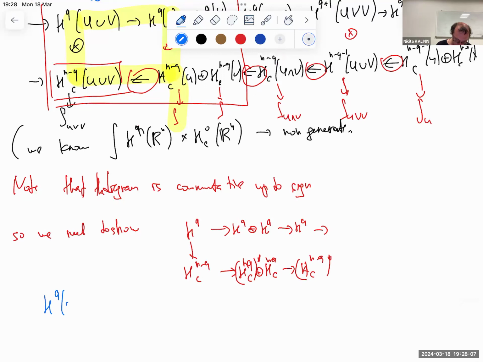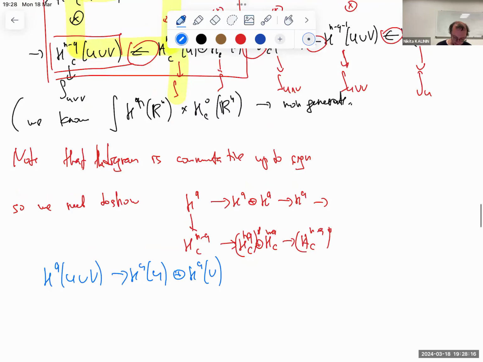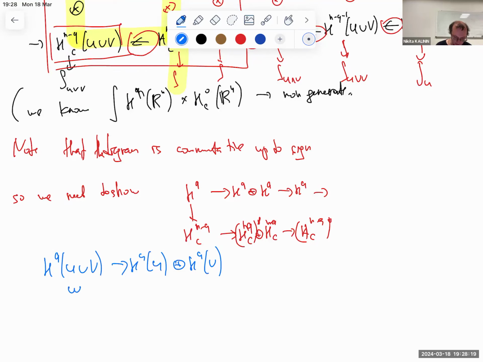Here we have H^q of U and V, H^q of U, H^q of V. And so we have here a form omega, which goes to the form equal to d(rho_U omega) and minus d(rho_V omega). That's how we define this map in the Mayer-Vietoris sequence. We multiply our form by a partition of unity and then take the differential.